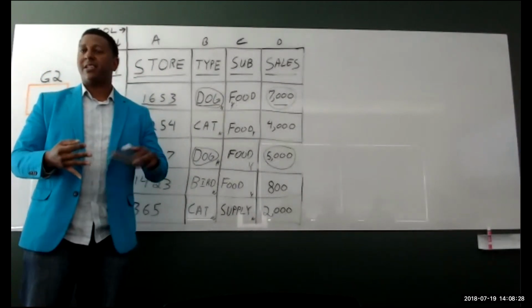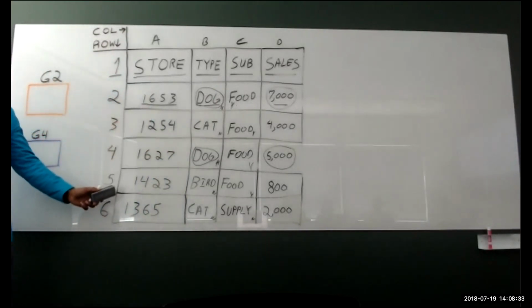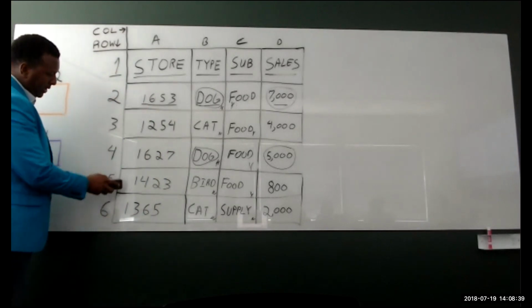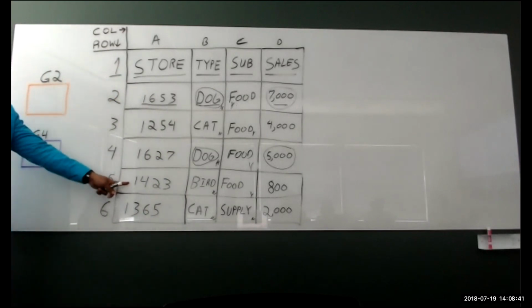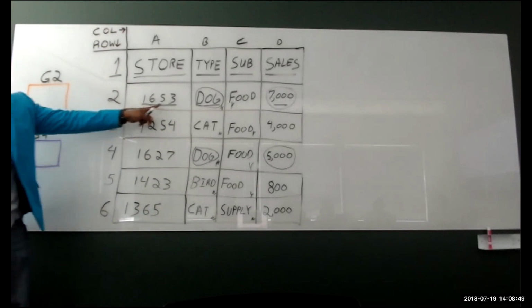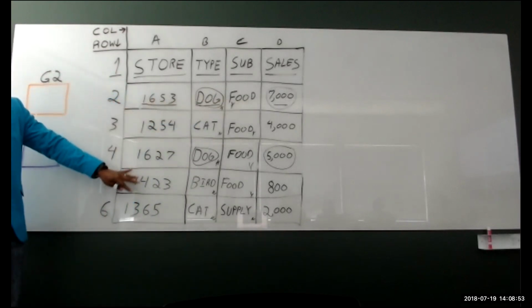So the data set that you're asking it to find has to be a unique list. Which means if I had 1653 in row 2 and I had 1653 in row 5, it would only find the first one and stop and give you whatever column you asked it to give. It will totally ignore the second one.